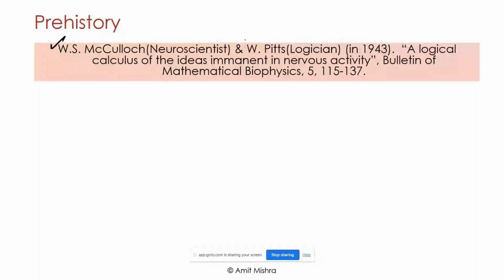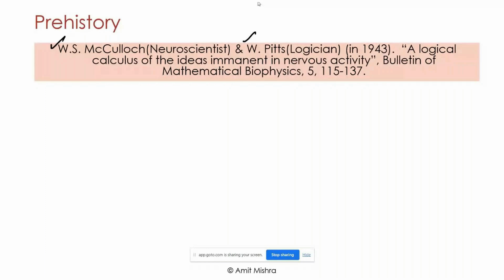Their main logical understanding was that they wanted to develop a basic building block of the neuron that can solve basic logical problems, for which it will have either a zero value or a one value.